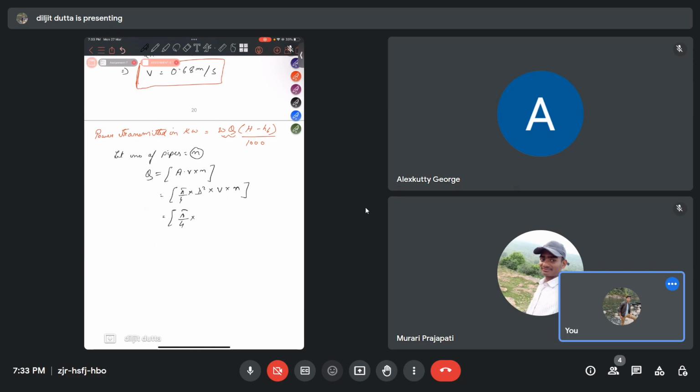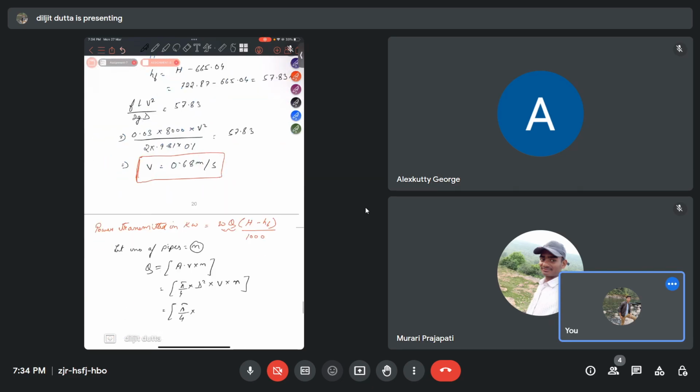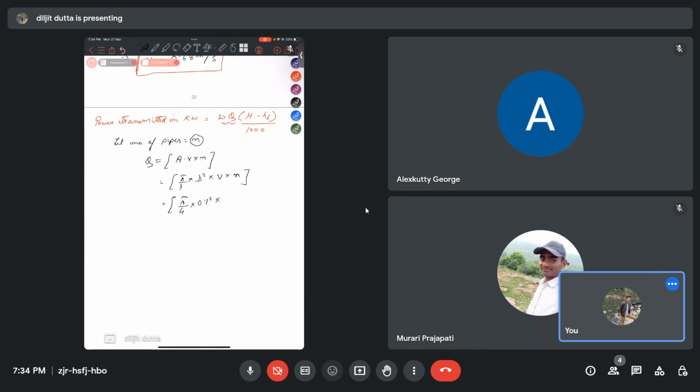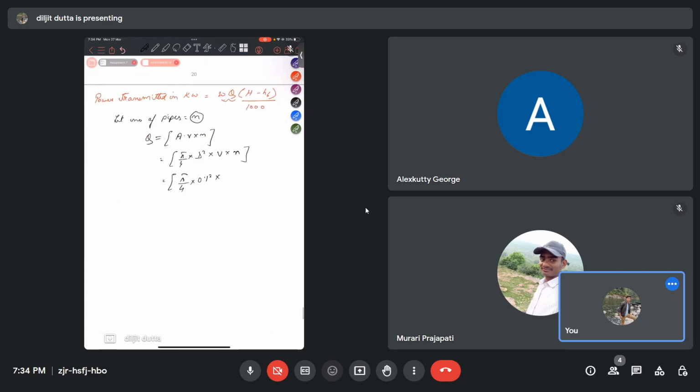D is given as 0.1, velocity we found out 0.68, into n. So Q will be equal to 5.4 into 10 to the power minus 3 into n meter cube per second.